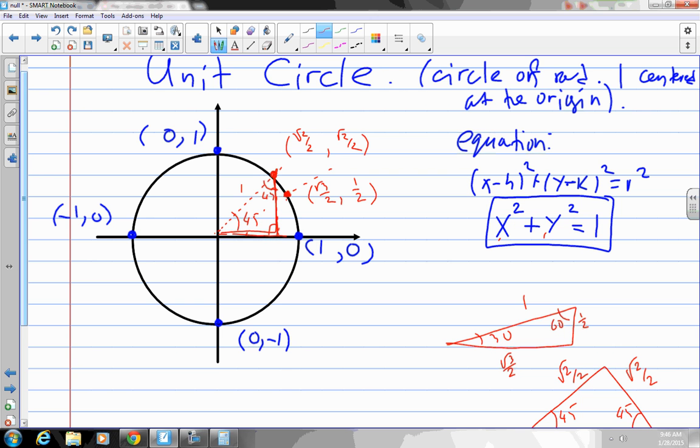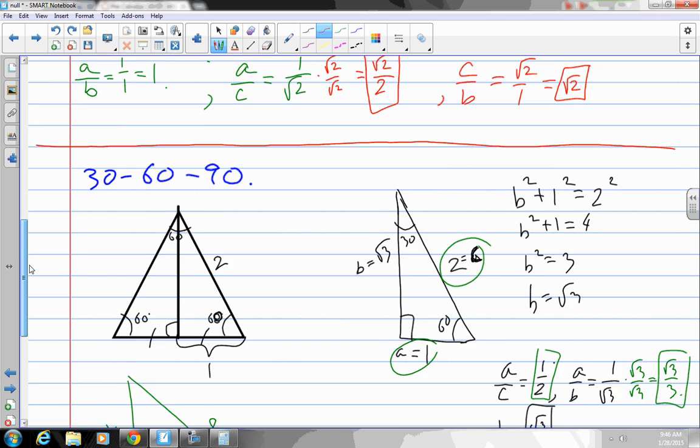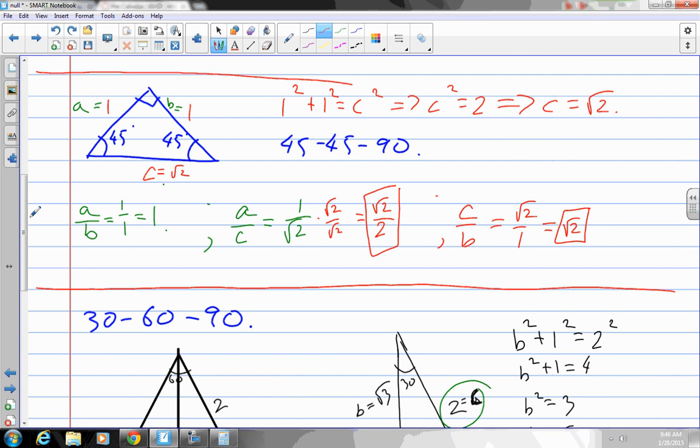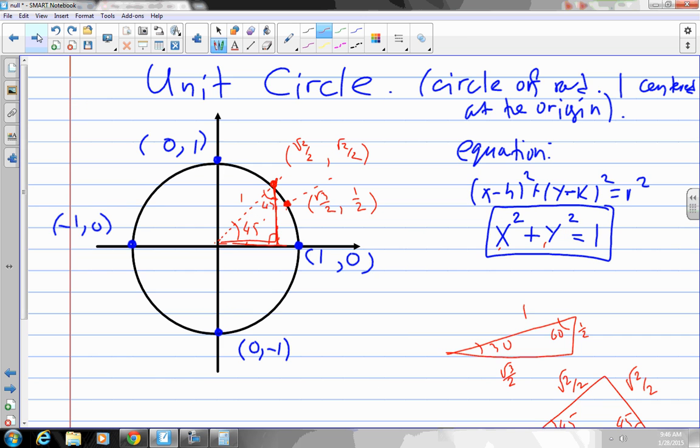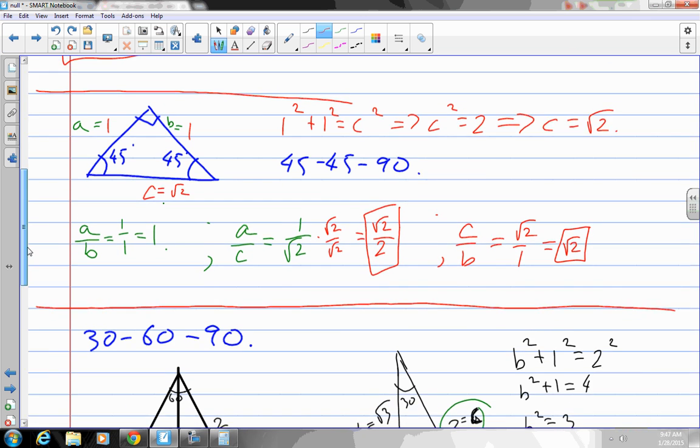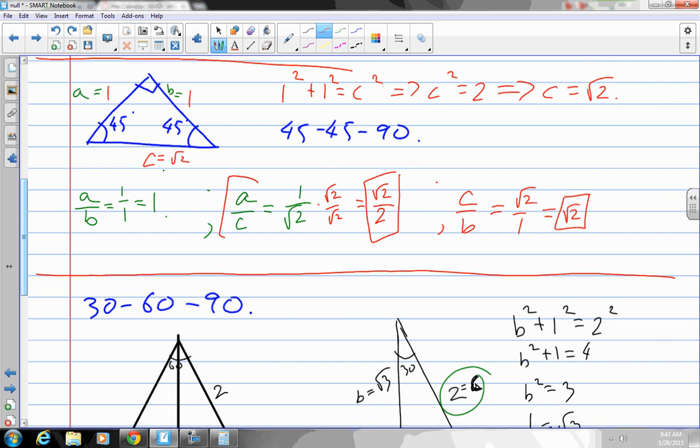Why does that work? Well, because it's this triangle. Only now c equals 1, because we drew it in a fashion that this side, the largest side, equals 1. So we have this formula: a over c equals square root of 2 over 2.